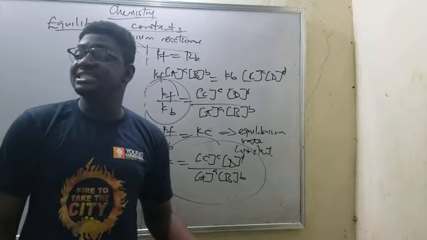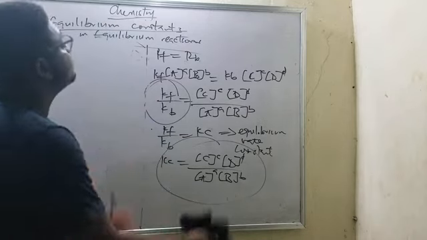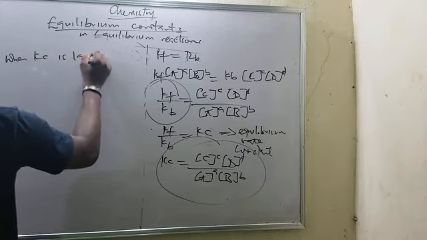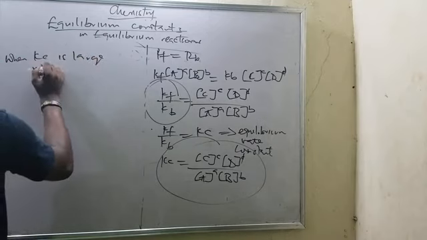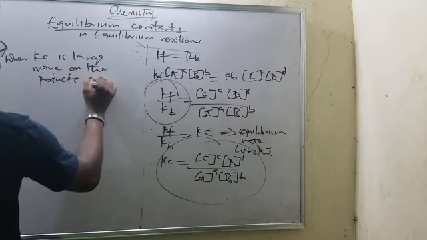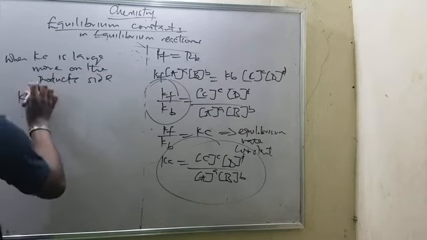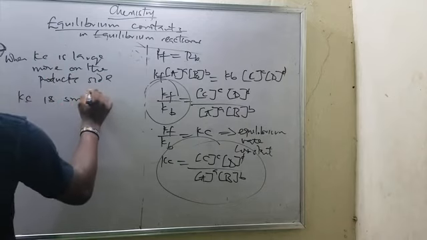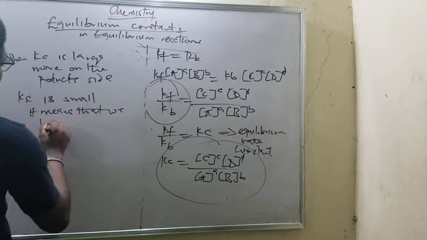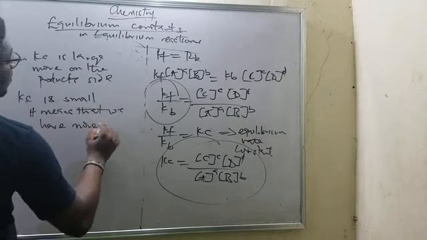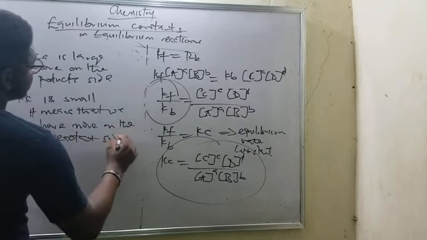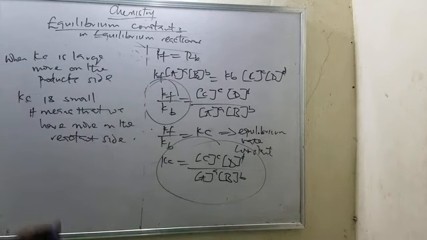When Kc is large, it means we have more on the product side, and when Kc is small, it means we have more on the reactant side from the balanced equation, the reactant and the product.